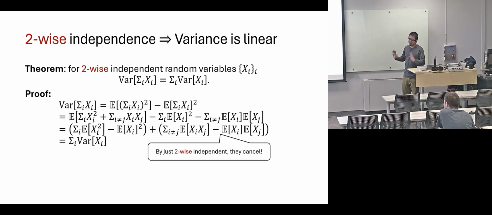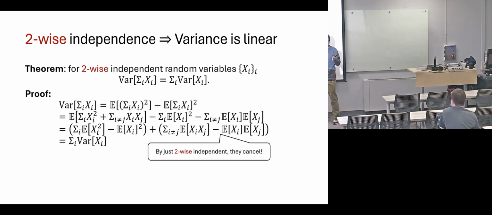I will skip it, you can look at it, but I just expand the sum, rearrange the terms, and at the end of the day, there's going to be a place where the terms can cancel out because I just need that each pair xi and xj are independent from each other. It's just about pairwise relationships that need to be independent. So once xi and xj for each pair are independent, this thing cancels.